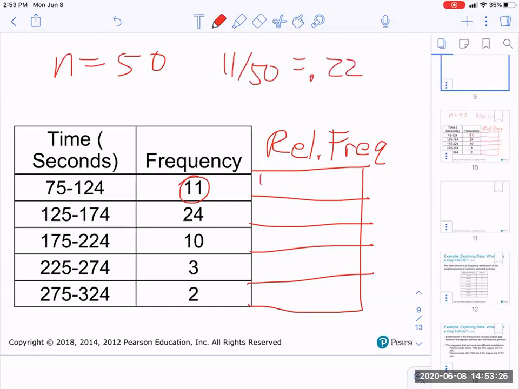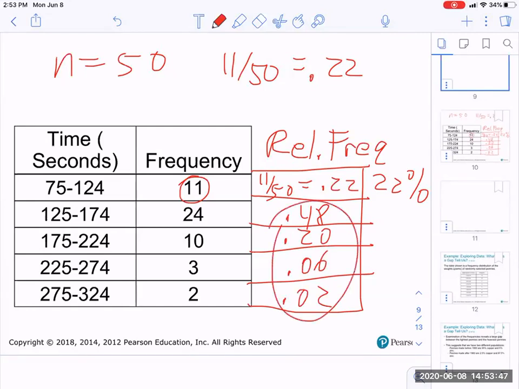You can give it that way, or if you want, you could put in the percent. That's okay. So this is 0.48, 0.20, 0.06, 0.02. I tend to go with the decimal values because we can relate relative frequency to probability in chapter 4.